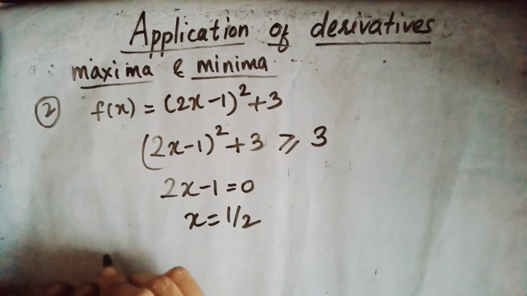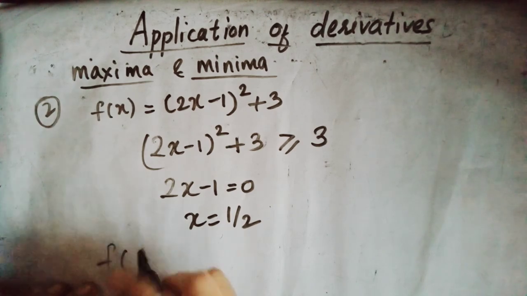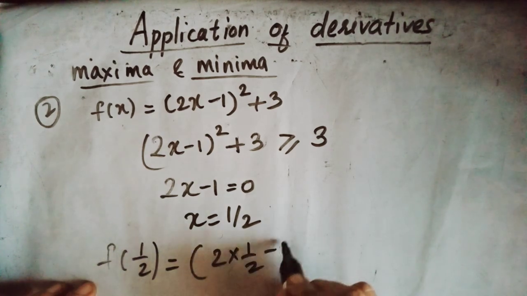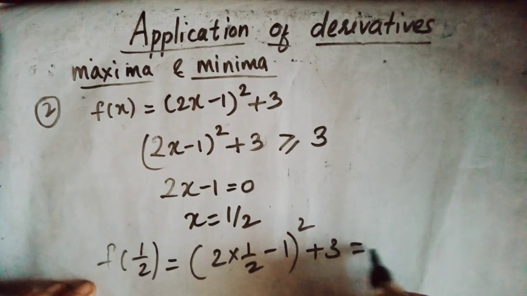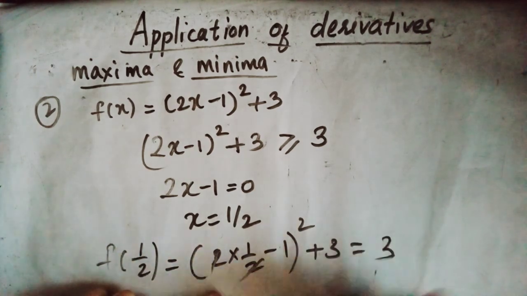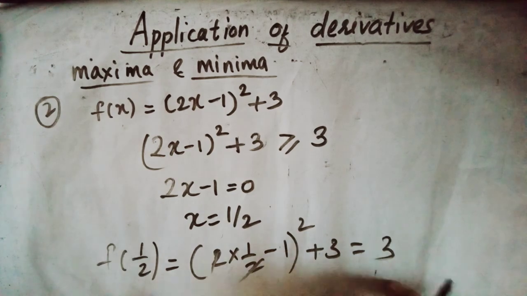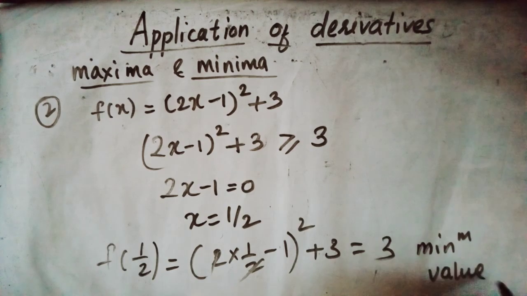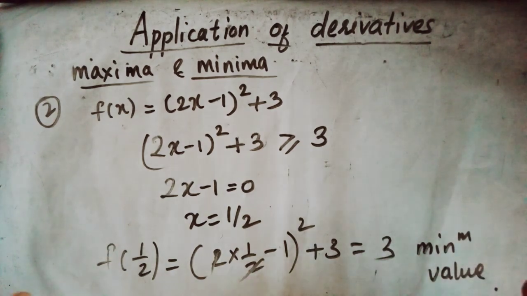So now check f(x), f of half, so this is 3. Okay, so this becomes your minimum value, that is f minimum. And maximum value, since there is only one value, that is this is for minimum value, you don't have a maximum value. Okay, so only one value exists, that is f minimum.